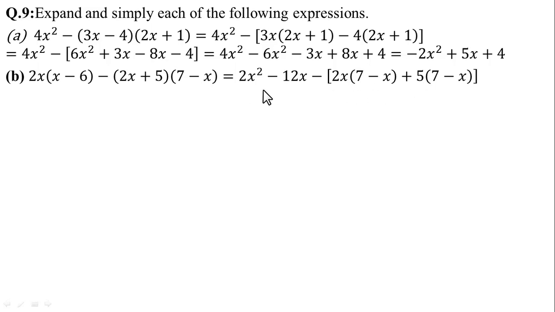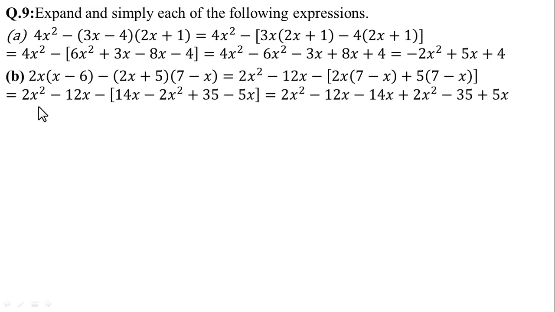We write in this form: 2x square minus 12x minus [2x into (7 minus x) plus 5 into (7 minus x)]. Now multiplying the values, we have 2x square minus 12x minus [7 2s are 14, so 14x minus 2x square plus 7 5s are 35, 35 minus 5x].